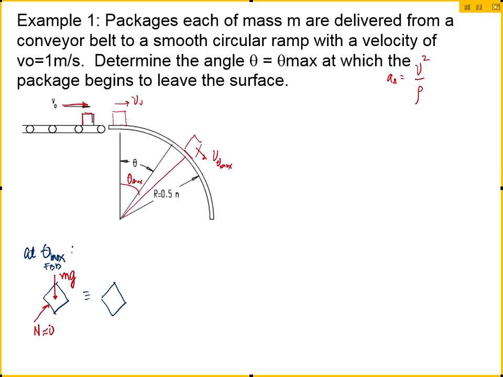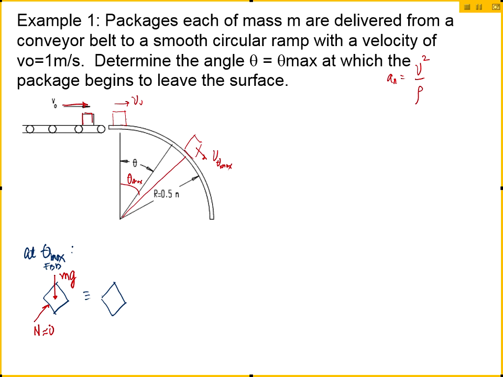Why? Yes, if it's ready to fly off the ramp, it's ready to lose contact with the ramp, right? That means N is approaching 0. If N is not approaching a value of 0, what does that mean?